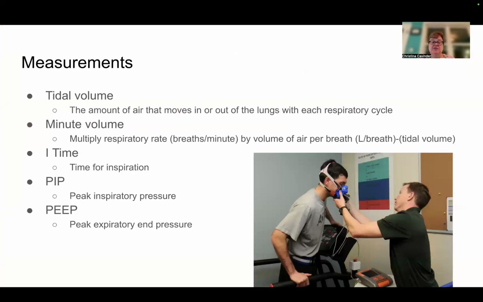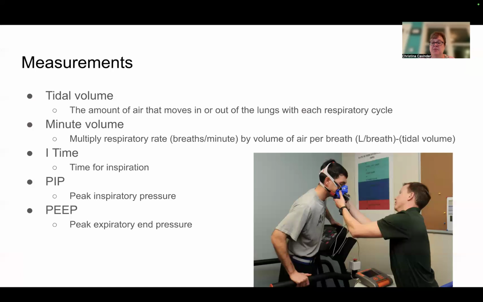Some measurements for ventilation. This is just to help you out in case you're in pulmonology or just wanting some measurements, lung function, how well the actual muscles are working. The tidal volume is the amount of air that moves in and out of the lungs in each respiratory cycle.